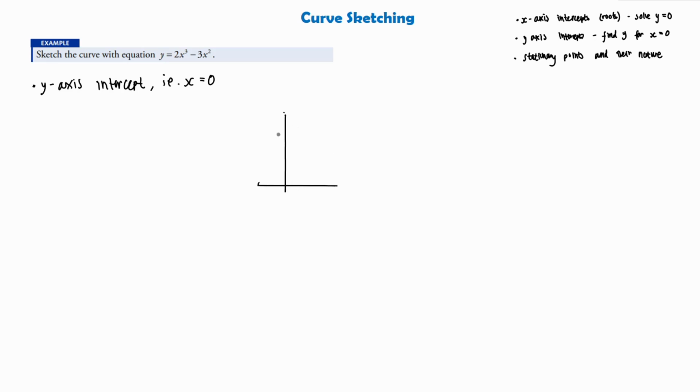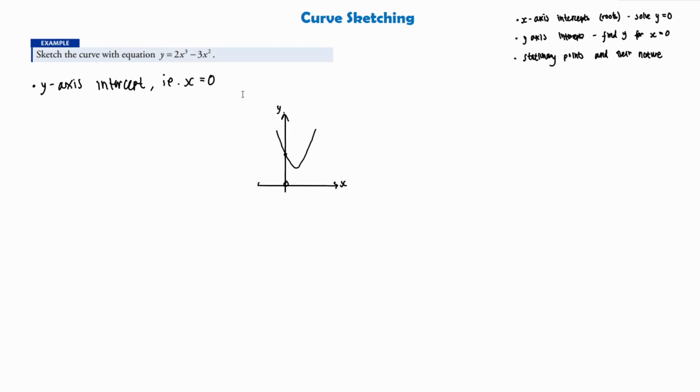Let's say it looks like this. We would say that it crosses the y-axis when the x value is equal to 0. As we can see, this is when x is 0. It crosses through the y-axis, so it will always be when x is equal to 0.